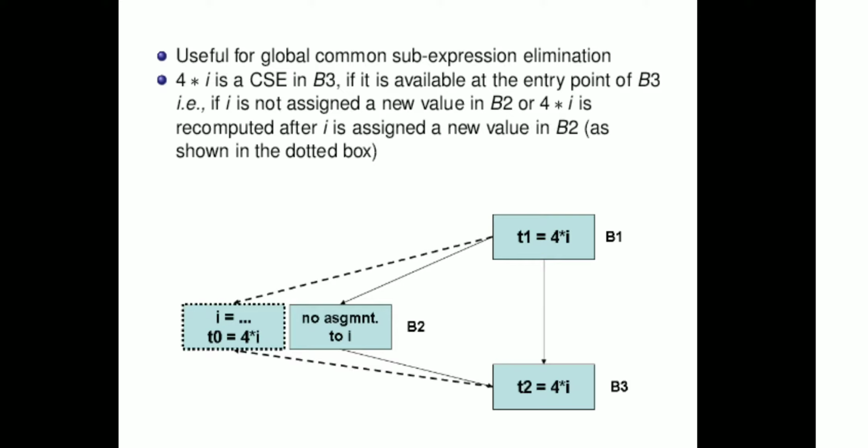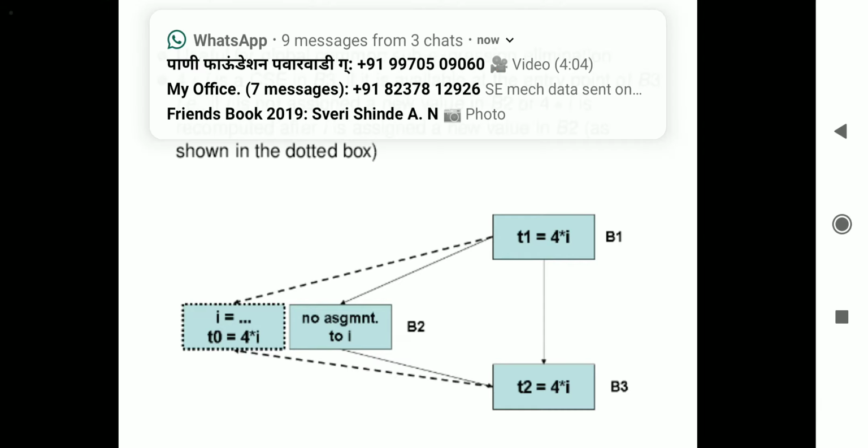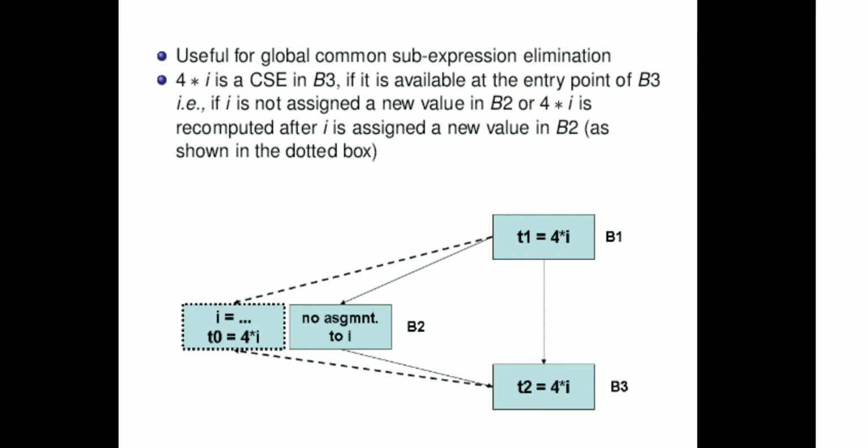It is available at the entry point of B3 if I is not assigned a new value in B2, or if 4 into I is not recomputed after I is assigned a new value in B2, shown in the dotted box.